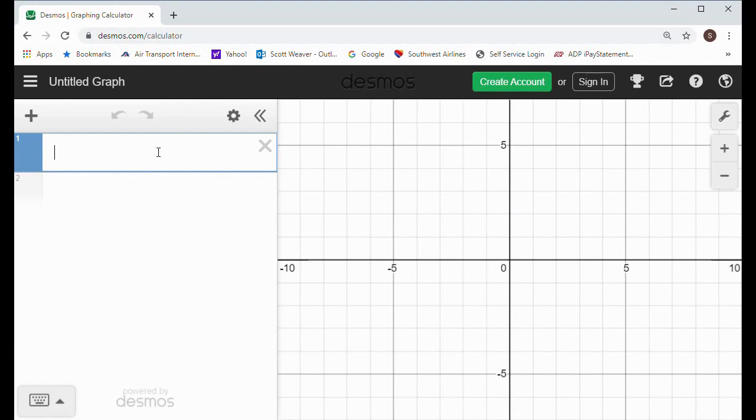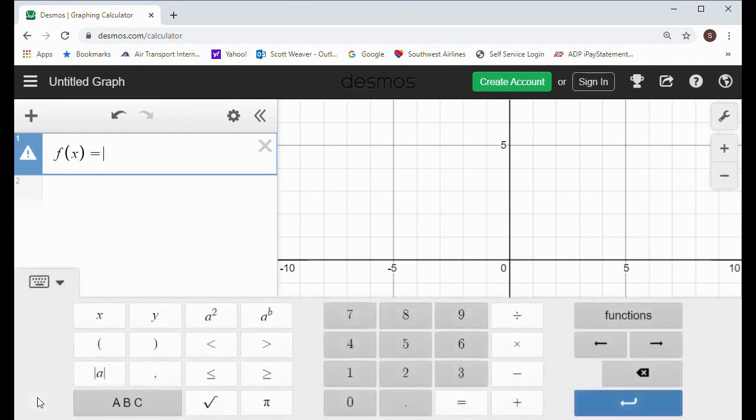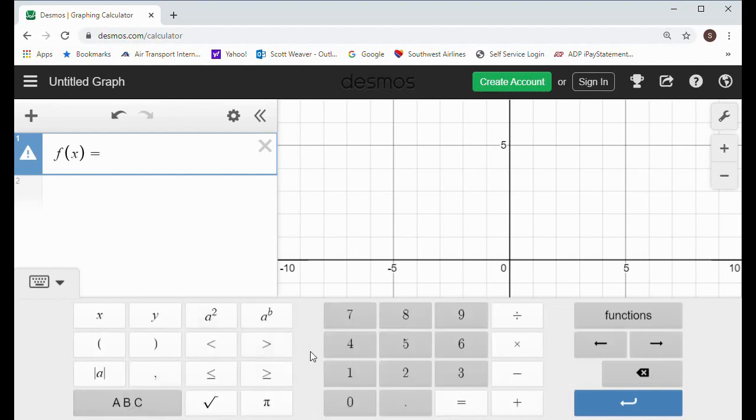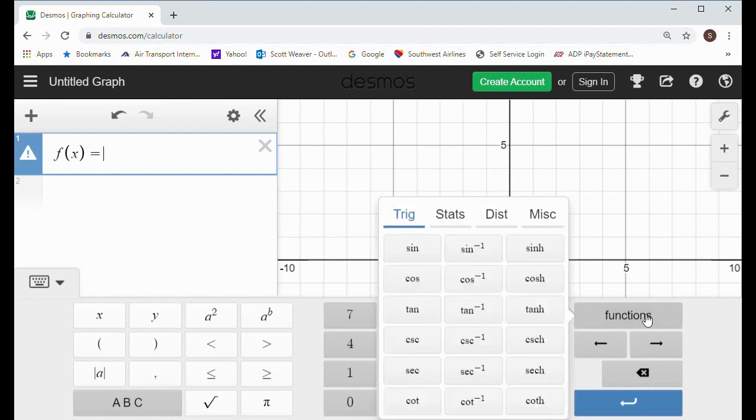Now, the easiest way to watch function transformations happen is if you just start by taking f of x equals, and if you're doing this on a phone, it will look very similar to the keypad that you've got here, and you can find the f by going to the letter side of things. And here, let's just take as an example graph the absolute value. You can do this by going to the function screen and miscellaneous.